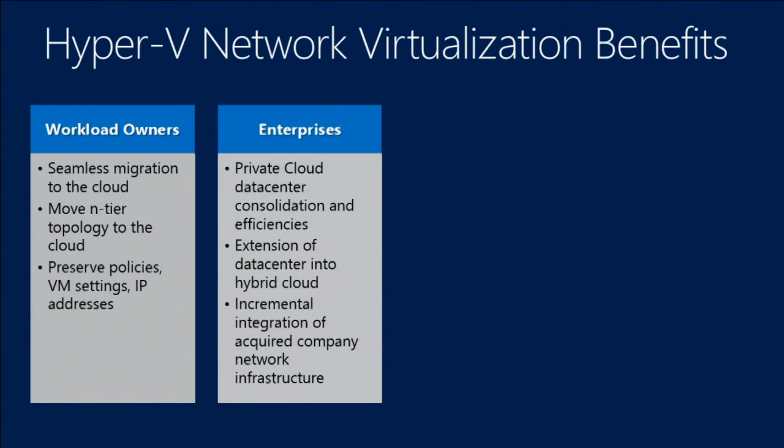Now, for the enterprise, you manage this private cloud. We talk about server virtualization. Enterprises want to be able to consolidate the network resources, just like they consolidated the compute resources. And if the enterprise is thinking about moving their workload to the public cloud, they're also thinking about hybrid networking.